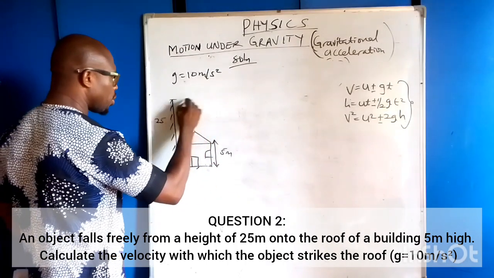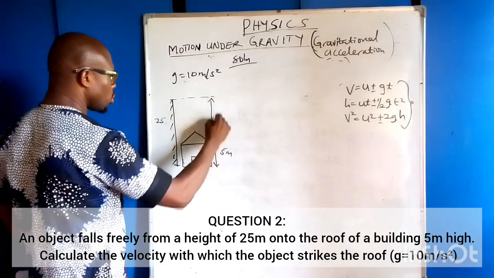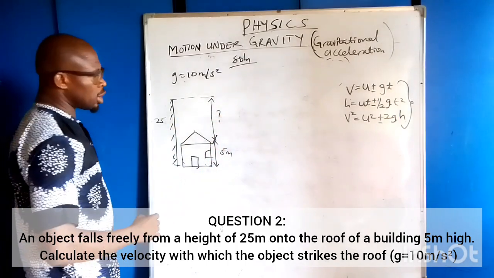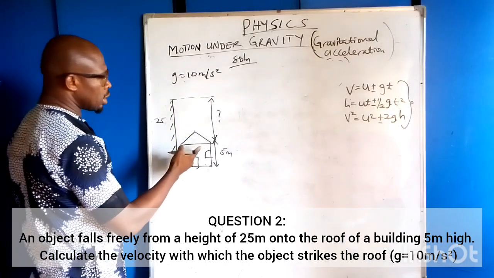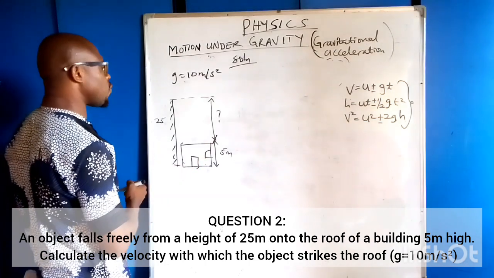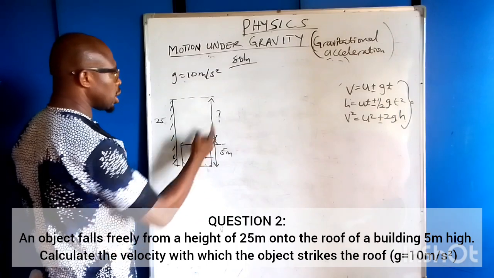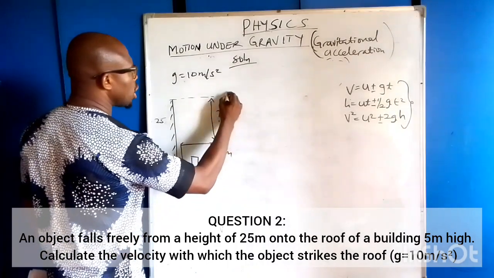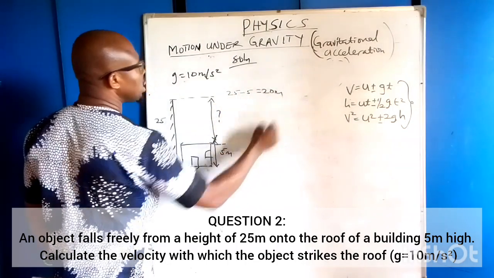Now, if from here to here is 25, and from here to here is 5, let's use this as our roof. From here to here will now give us 25 minus 5, which is 20 meters.